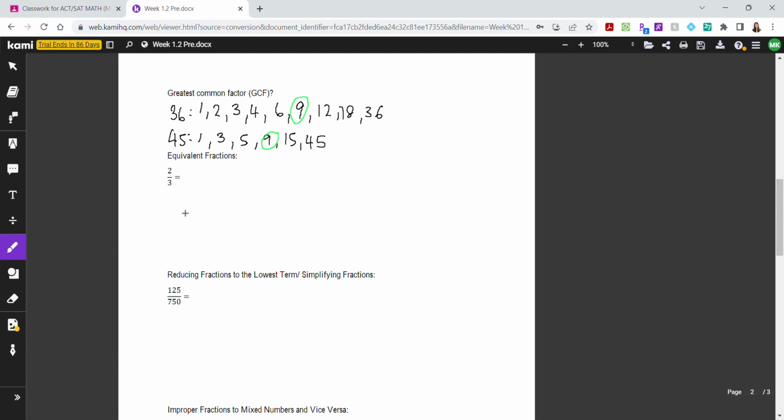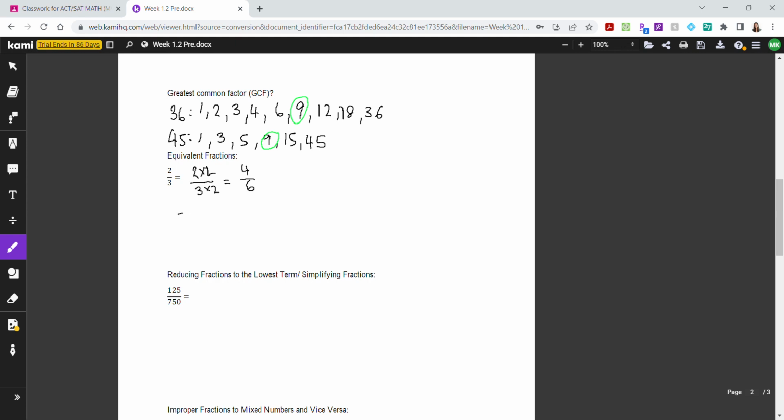All right, now on to the next thing. So equivalent fractions are essentially the reverse of simplifying fractions. To find them, you can do like 2 times 2, and then 3 times 2, which would give you 4 over 6.